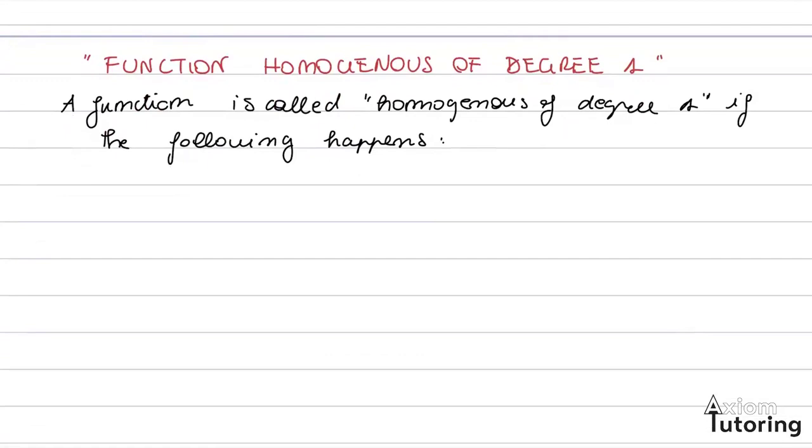Specifically, when we talk about constant returns to scale, we talk about a function that is homogeneous of degree 1. A function is called homogeneous of degree 1 if the following happens.